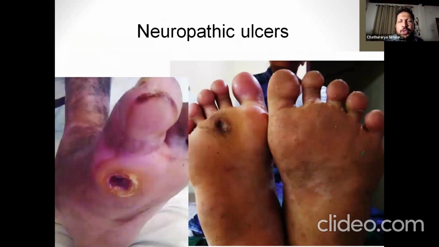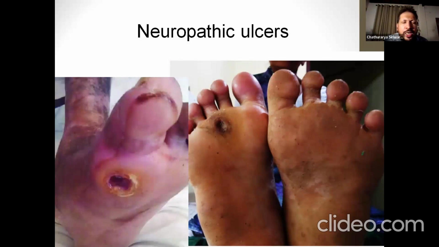Another complication is neuropathic ulcers. They can come with other cutaneous manifestations of leprosy or in pure neural leprosy without any other skin manifestations. The importance of this is that the commonest cause of neuropathic ulcers is not leprosy. What is it? It's diabetes, isn't it? Diabetic neuropathy.